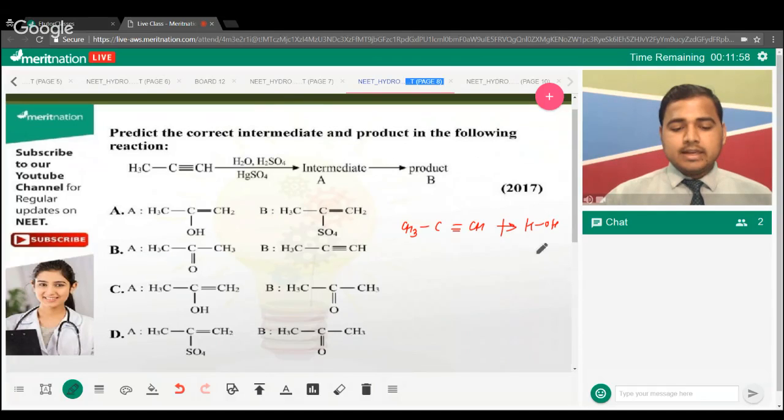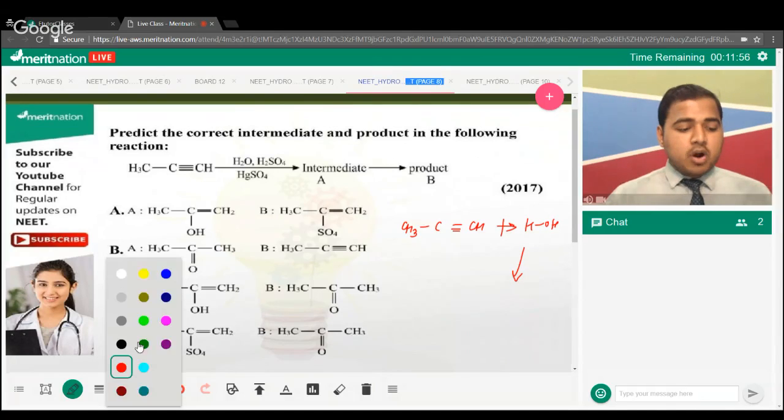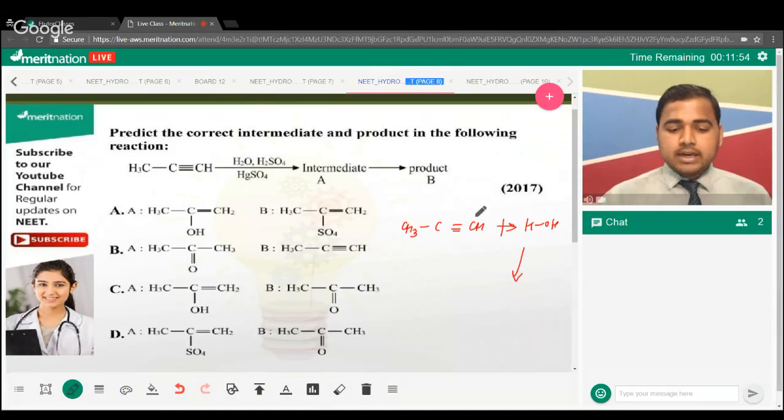If you are adding H2O, then it will follow the Markovnikov rule. So this will form the 2-degree carbocation. So this will be CH3, C double bond CH, getting the positive and getting the negative.